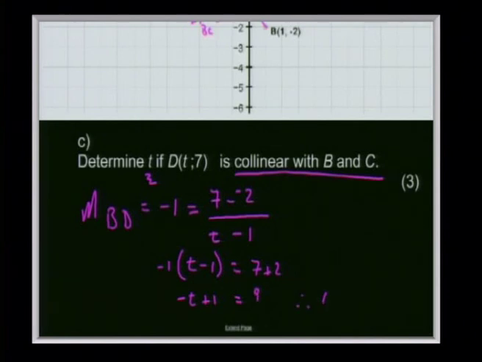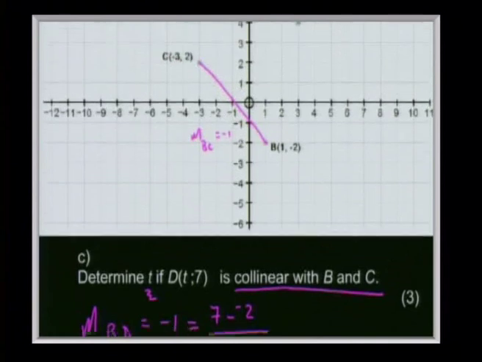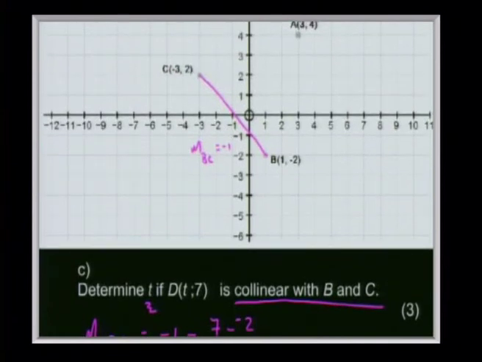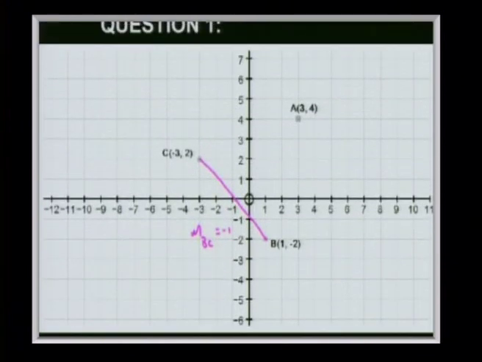So therefore, T will be equal to -8. So the point D is (-8, 7). Let's have a look where that would be. (-8, 7) would be over here somewhere. That is where D would be.